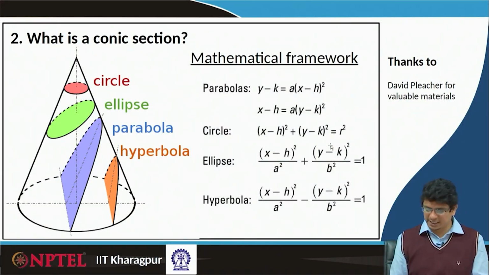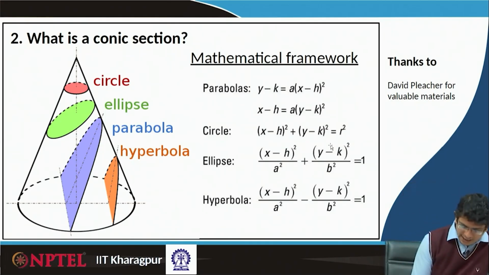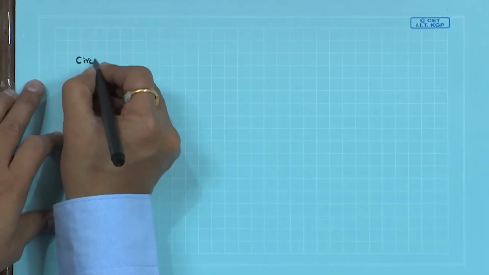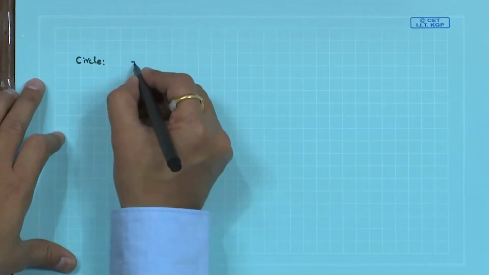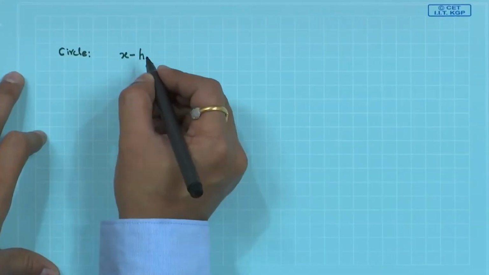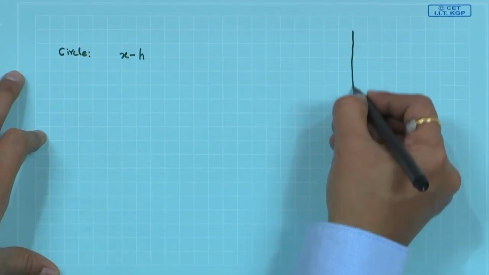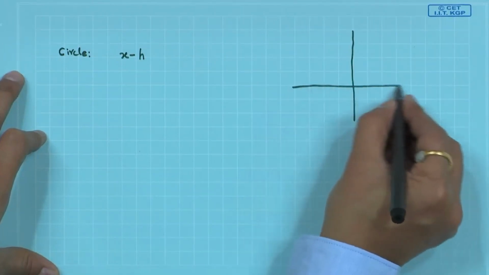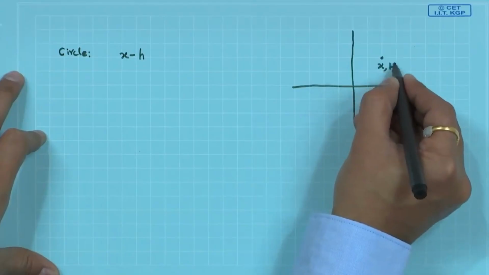If we are summarizing at mathematical level, a circle has a functional form based on where exactly the center is located. If it is located at h and k location, for example, this is the coordinate axis, somewhere x and y coordinates.